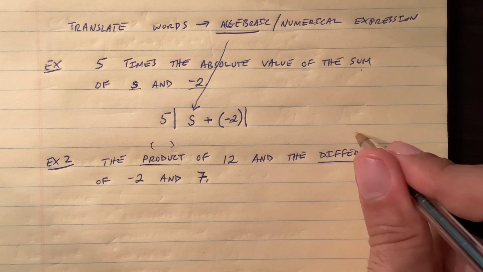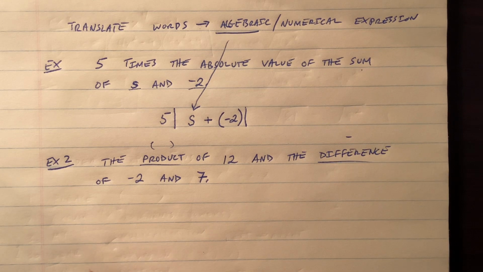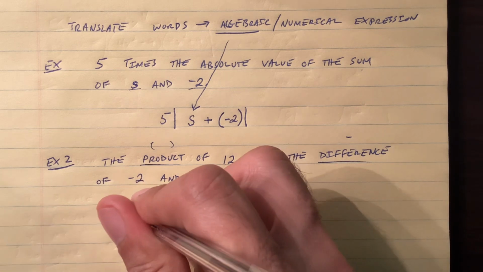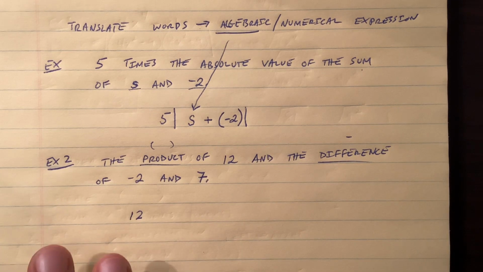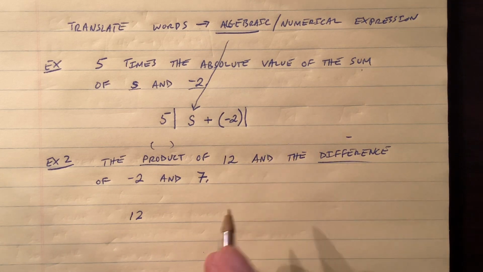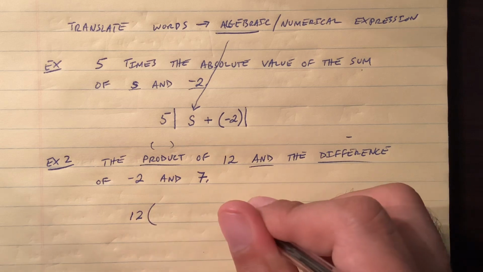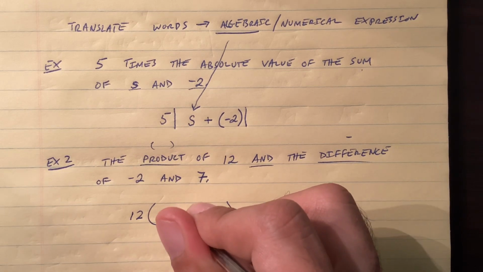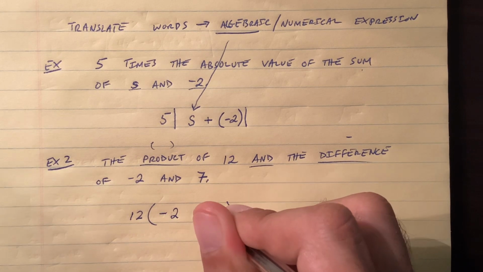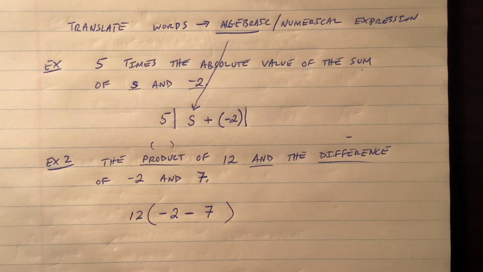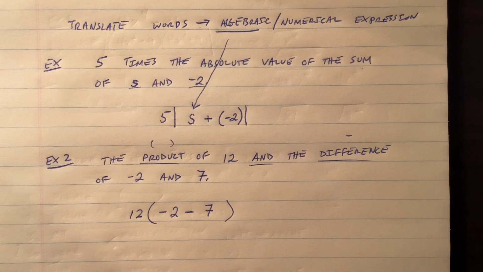The difference means subtraction. So we're taking the product of 12, so we're going to multiply 12 with something. What are we going to multiply 12 by? The difference of -2 and 7. Well, the difference we said is subtraction. So this is how we would write this word phrase here.